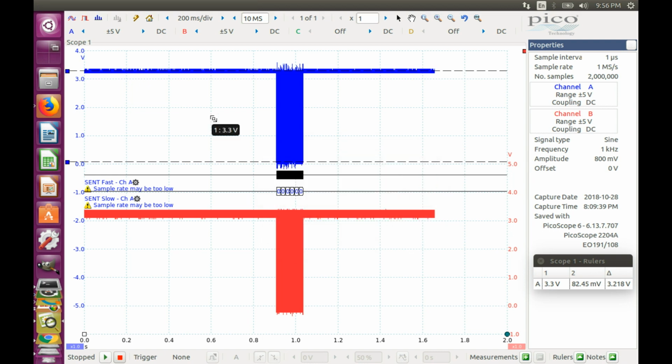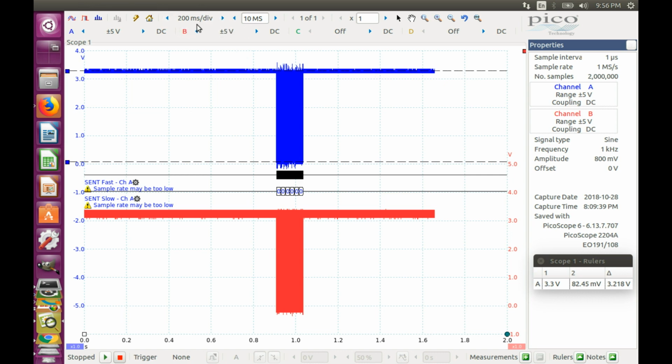And what we have in the Picoscope is the following. I have collected data coming from the MCU in the streaming mode of the Picoscope, so the sample rate is 1 megasamples per second.